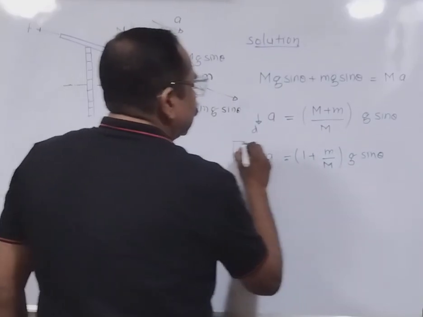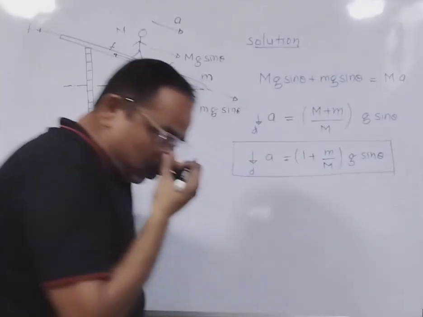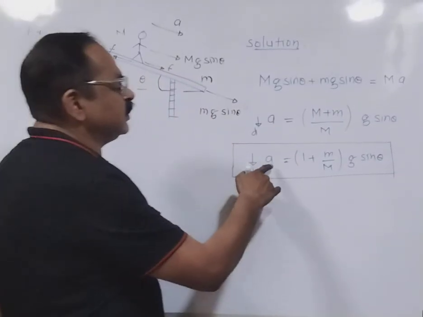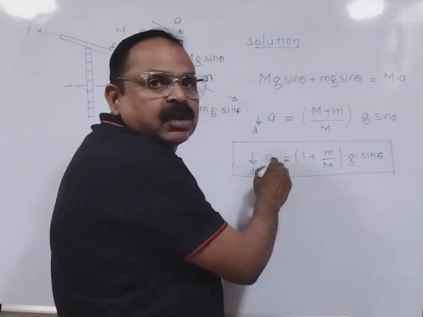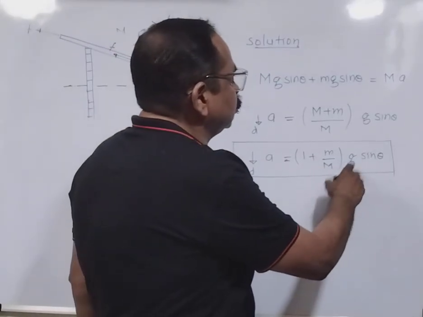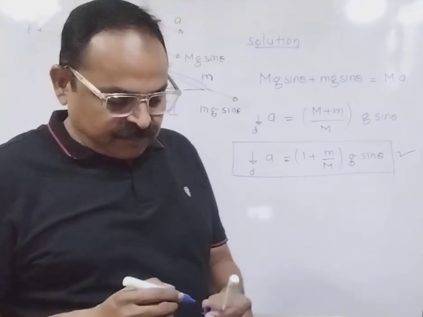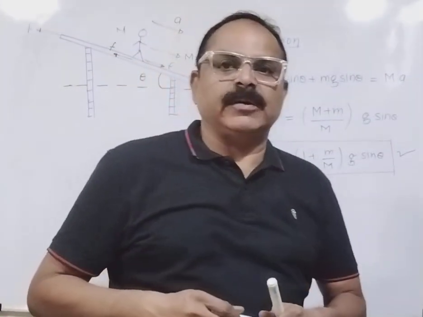So the answer to the question is: the man should move in the downward direction with the acceleration given by this equation, that is a equals (1 plus small m upon capital M) g sin theta. That is the answer. The question is fundamentally a very good question.